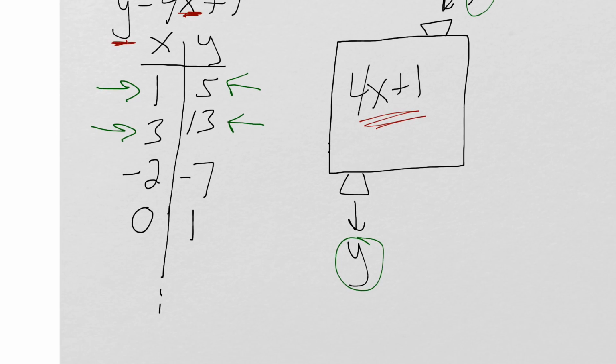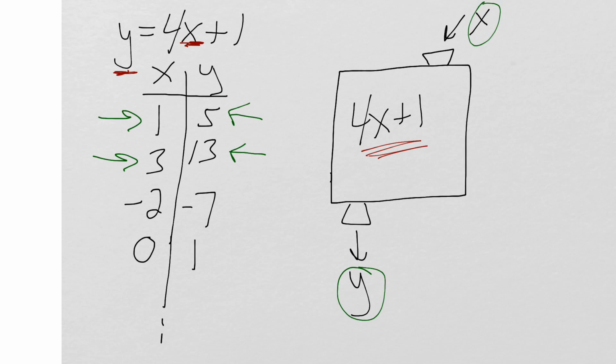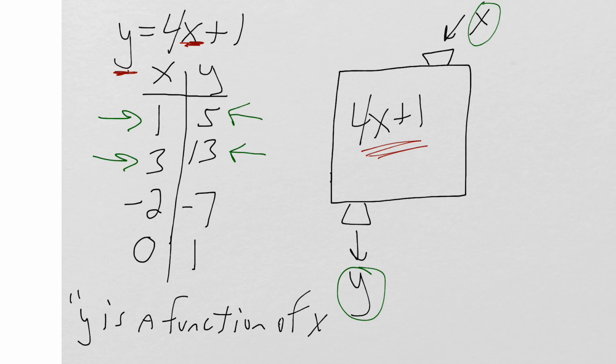In fact, one way we describe that is we say, the way it's written, that y is a function of x. Basically what we're saying there is that, to get y, you have to do something to x.